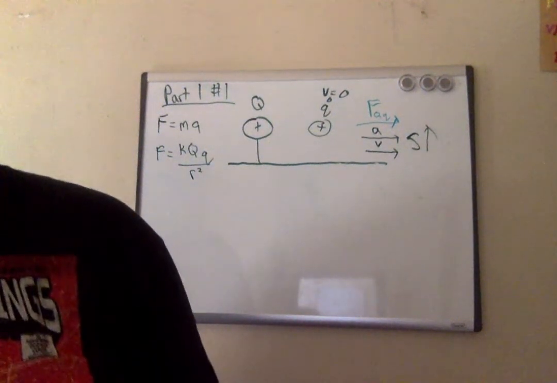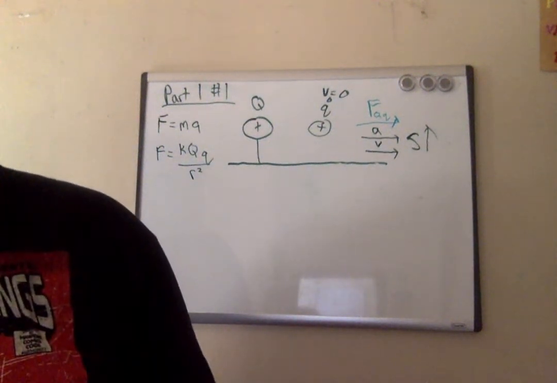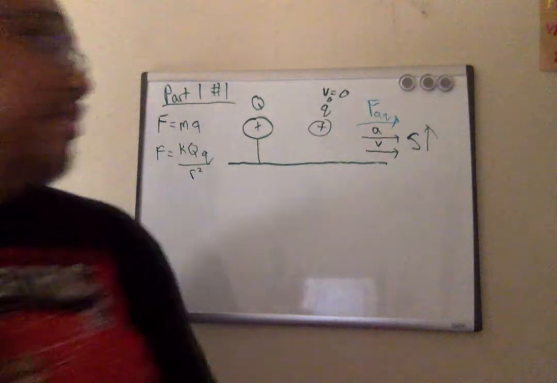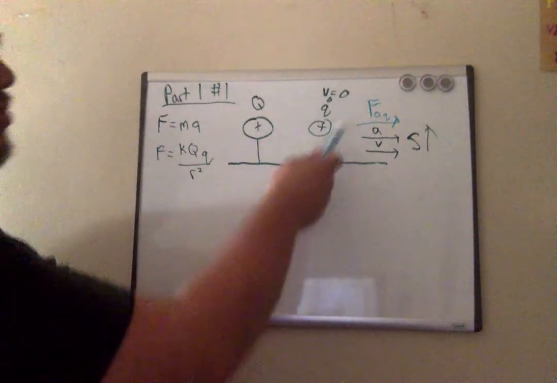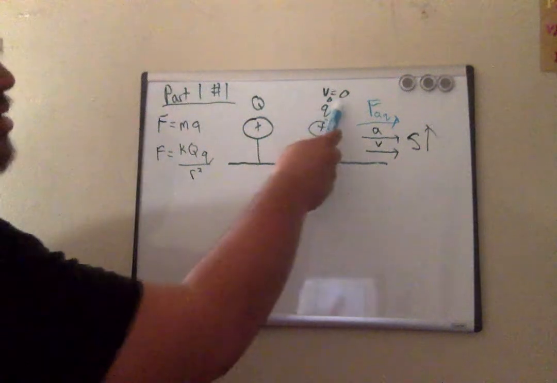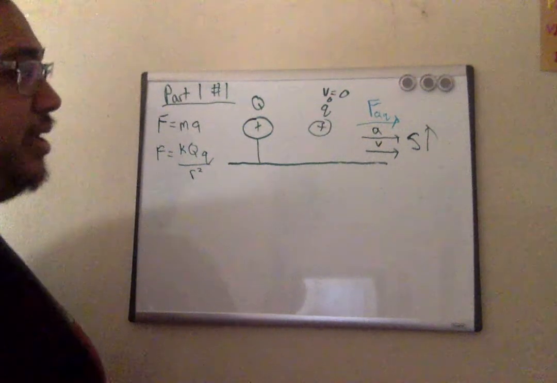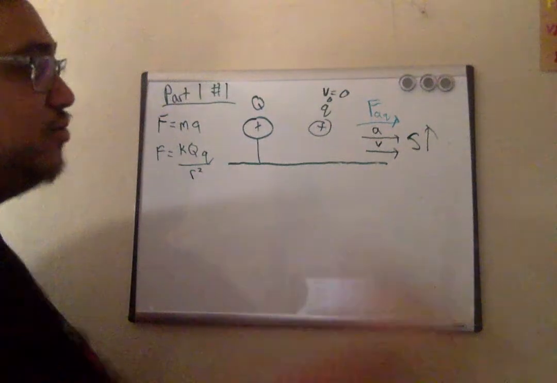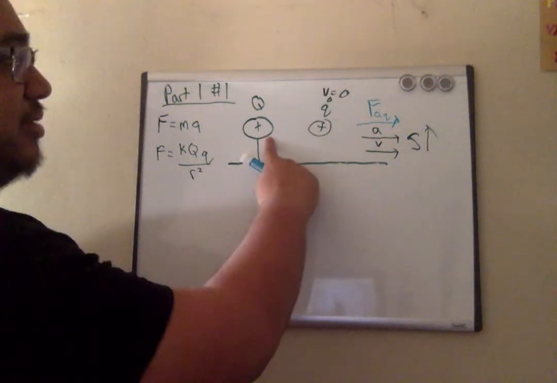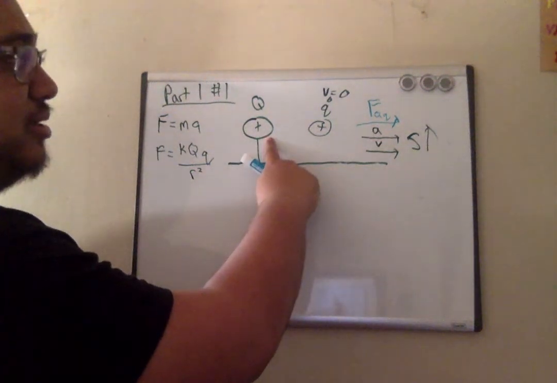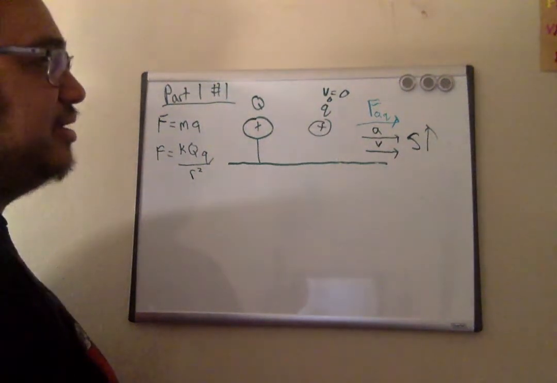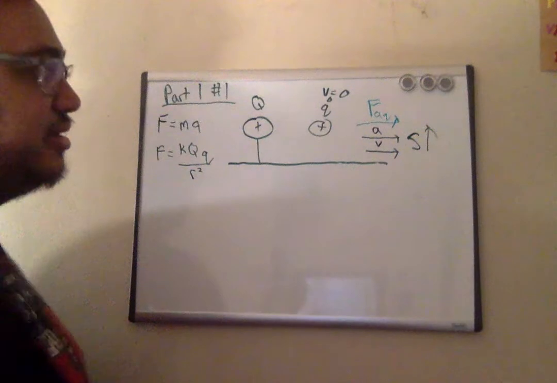So for A, it says its speed will be greatest just after it's released. Well, we know that that's not true, because the initial velocity here is 0. And as it moves away from this charge, the velocity is going to keep increasing because the force is pushing it that way.